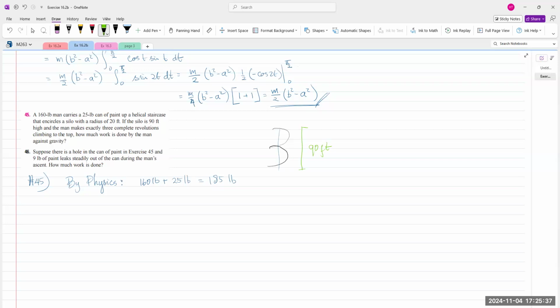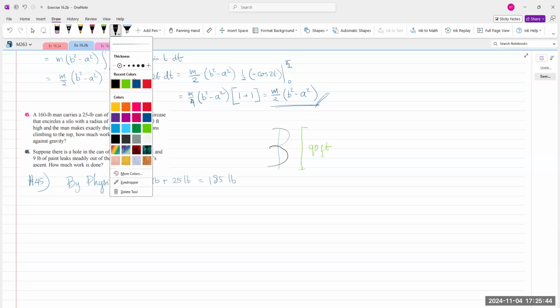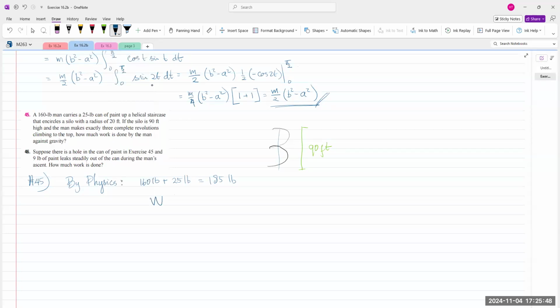Well, the work is done against gravity, if you think about it. So the work basically equals 185 pounds times 90 feet, right? That's the work.